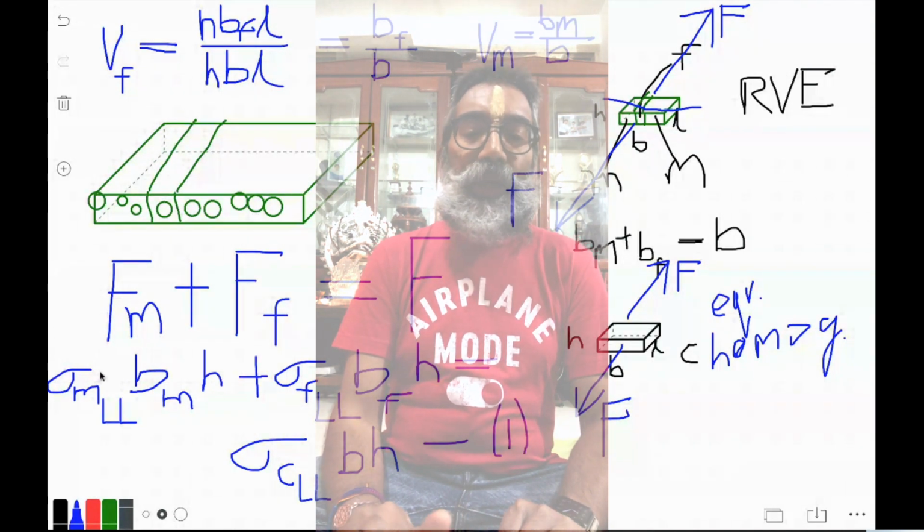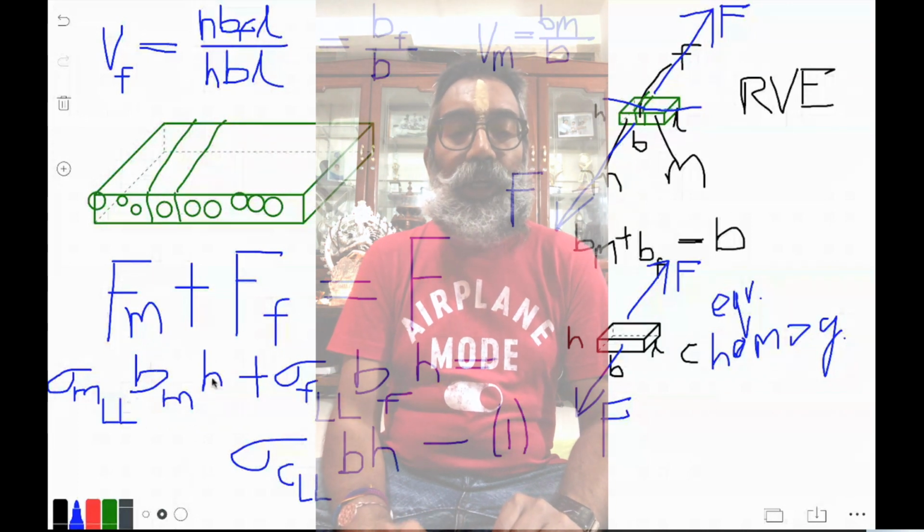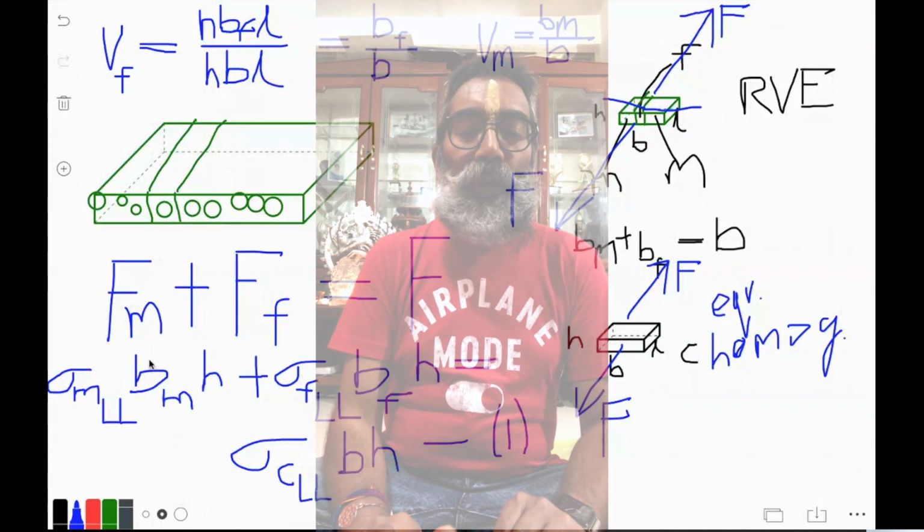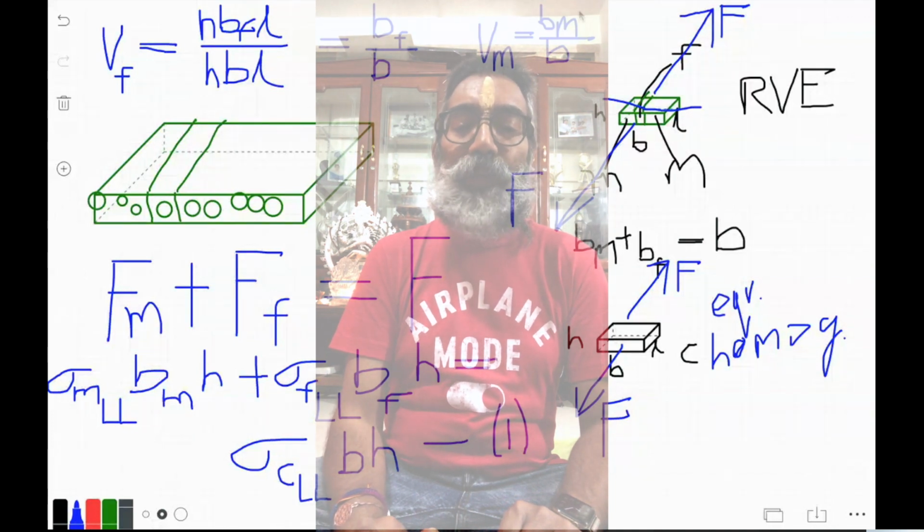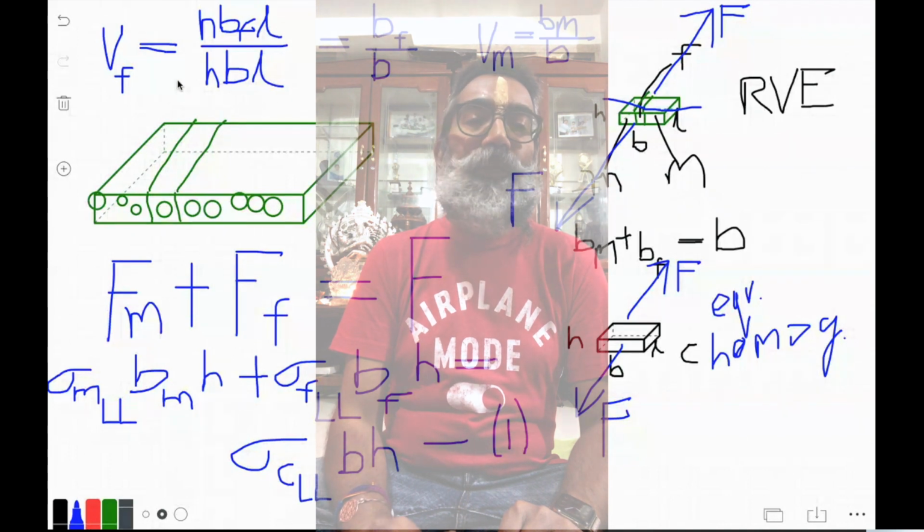So if we divide equation 1 by BH, it's very easy to see that the H will get cancelled, and what you will have here is BM by B and BF by B, which is what we have seen as the volume fraction of the matrix and the volume fraction of the fiber.